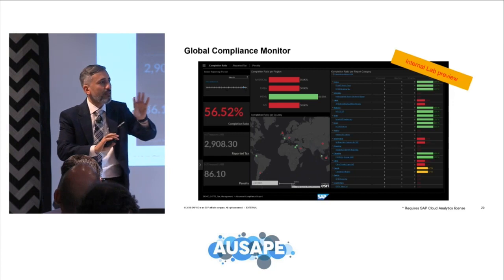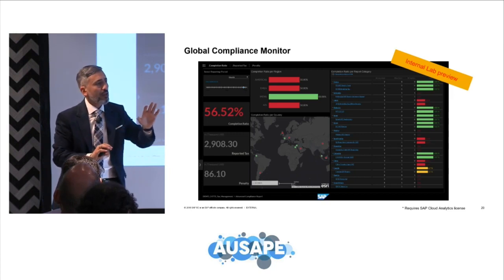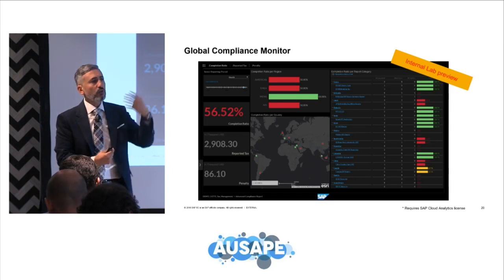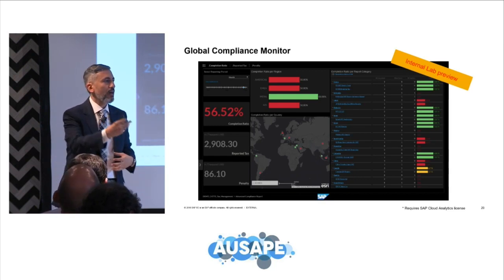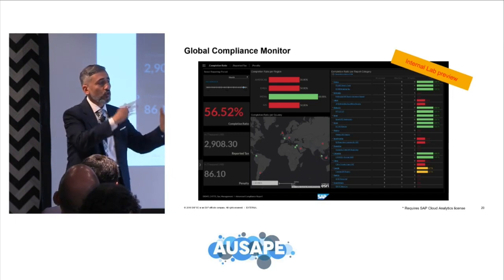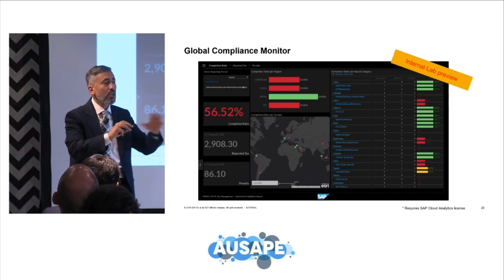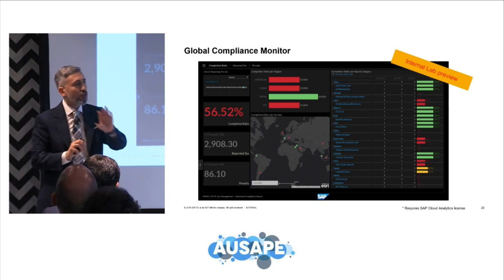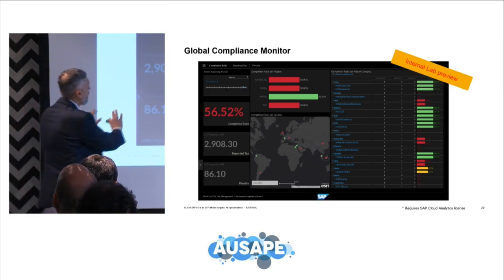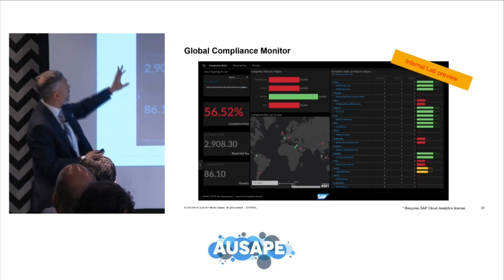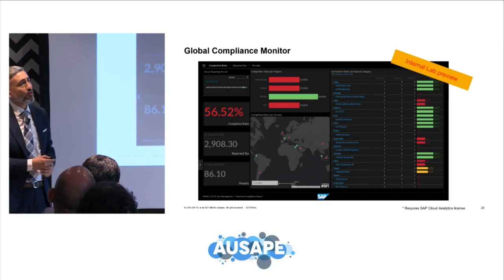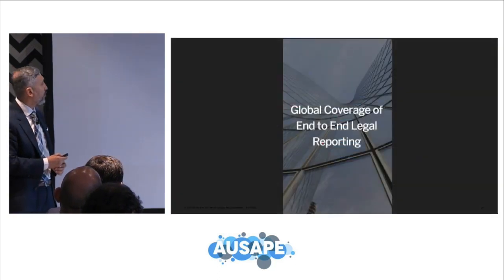If I define some indicators, some of them representing my legal reports, like what would be my total tax, what would be my reported values to the authority in the last months, total purchases, total sales, and all of that, and if I have some financial indicators in addition to my legal reporting that I would like to monitor at any point in time, the global compliance monitor will be the dashboard that can be used for tracking and monitoring this.